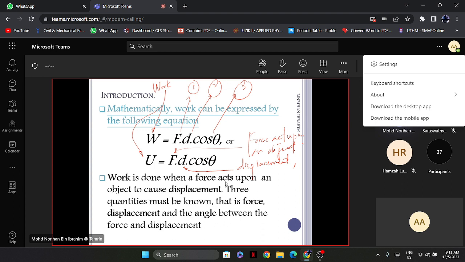Of course, displacement involves distance. And the last one is theta. Theta is the angle between force and displacement.